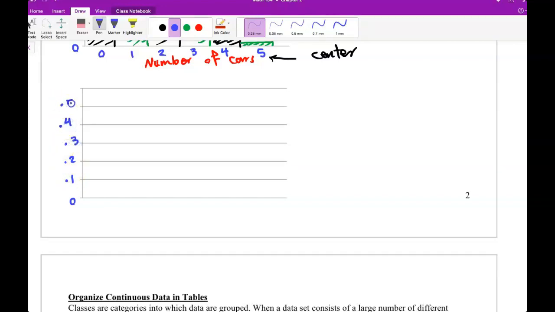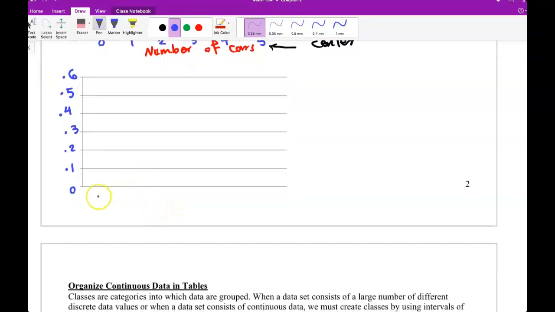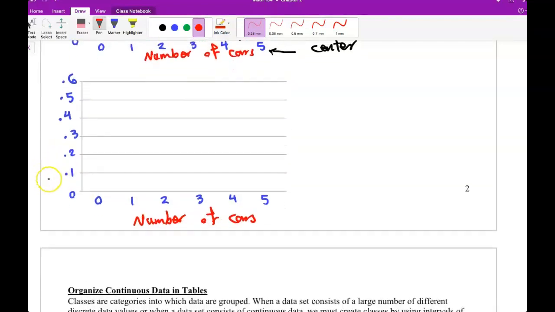Here 40%, 50%, and 60%. Again, number of cars, 0, 1, 2, 3, 4, 5. And y-axis is relative frequency.